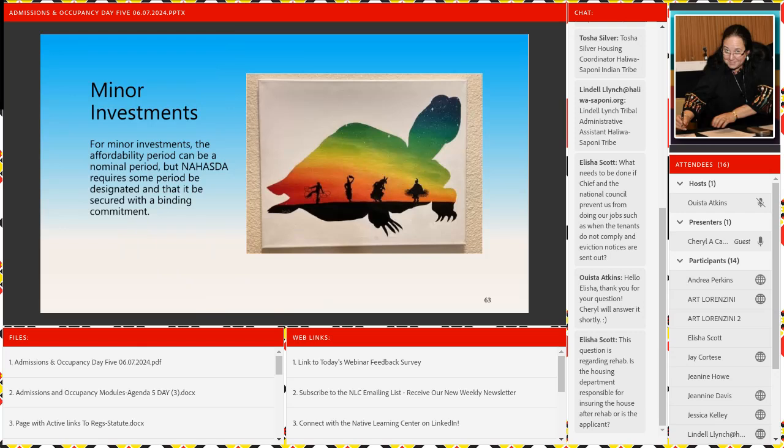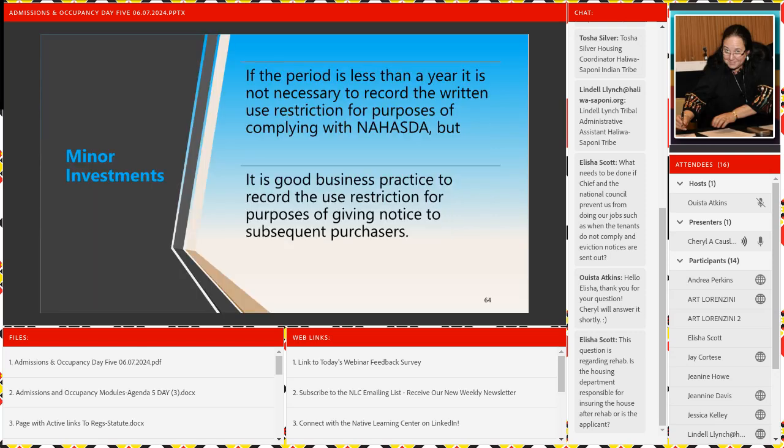For minor investments, your affordability period can be a nominal time period, but NAHASDA requires some period be designated and it's secured with a binding commitment. If the period is less than a year, it's not necessary to record the written use restriction for purposes of complying with NAHASDA.